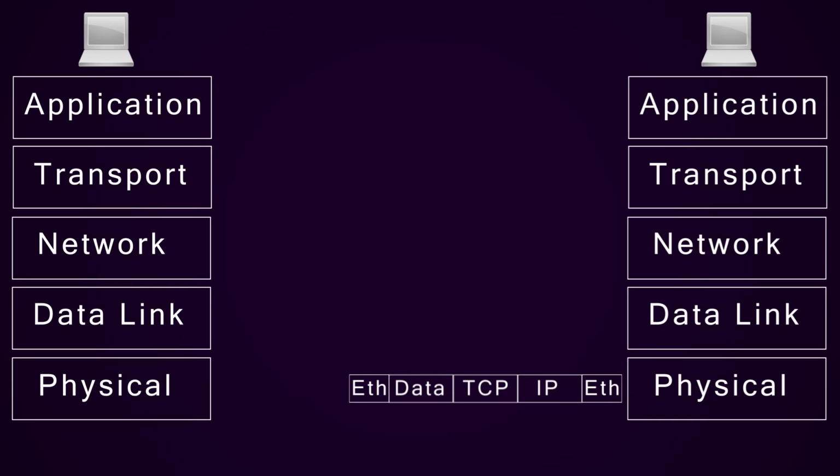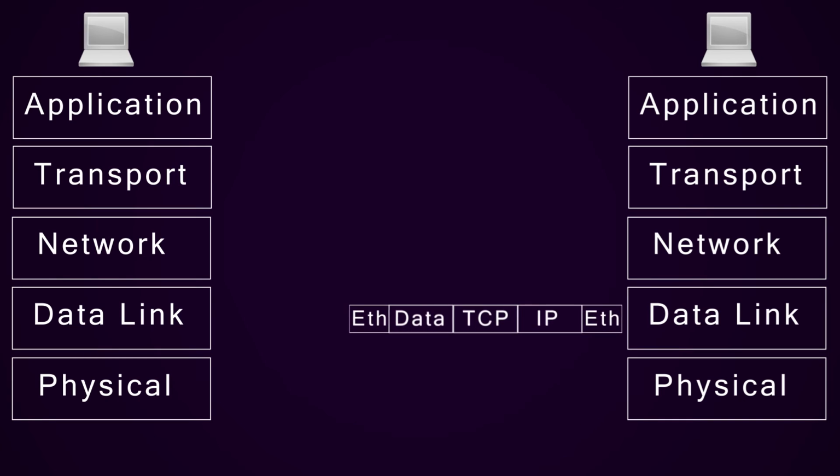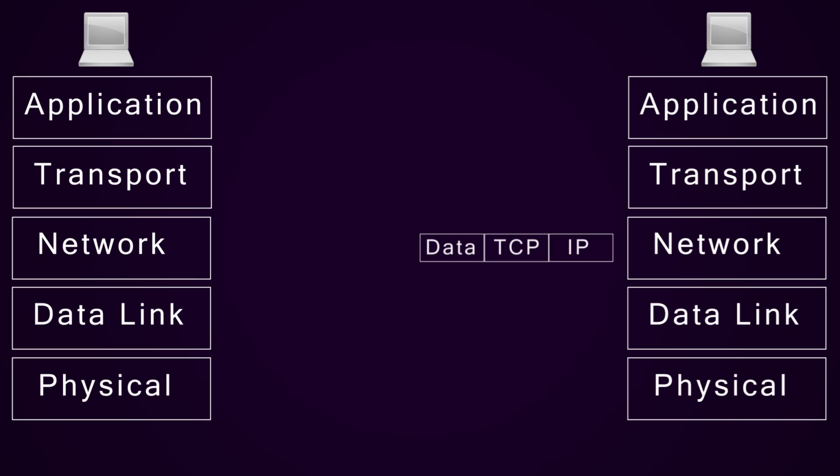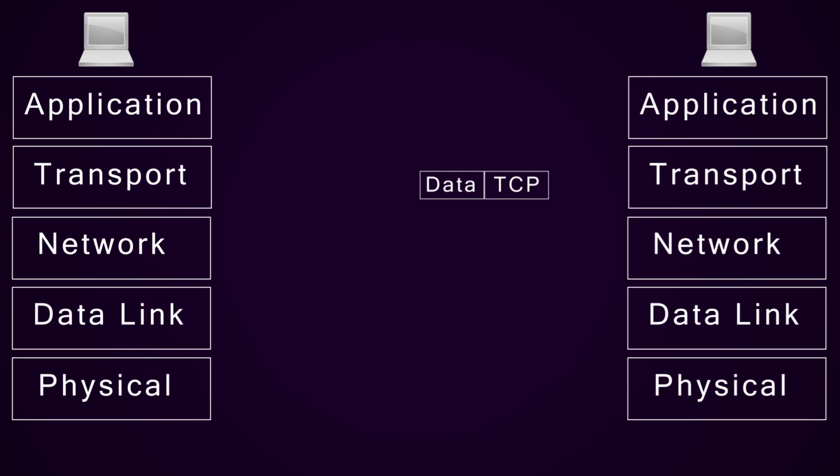It's then passed up to the data link layer, where the Ethernet header and footer are read, making sure that the incoming traffic is destined for the computer's hardware address. Once read, the header and footer are removed or stripped. It's then passed up to the network layer, where the IP header is checked to see that the traffic is destined for the computer's IP address. The IP header is then stripped.